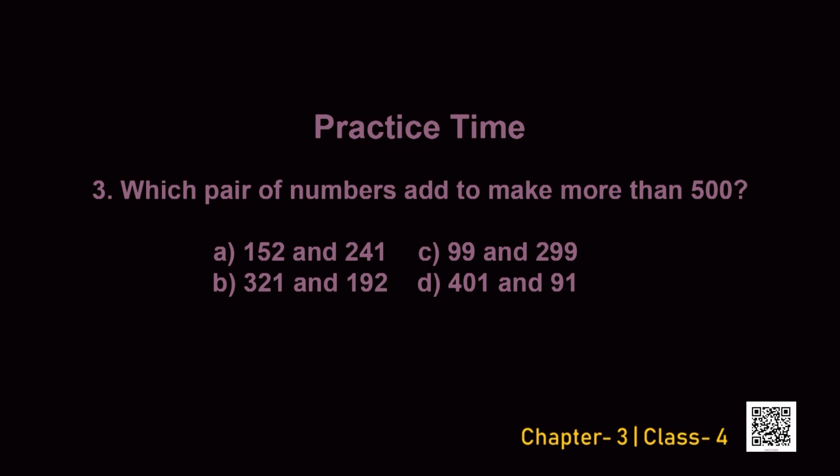To find the answer, we have to add the given two numbers. So, easily we will get the numbers which is more than 500 is the required answer. If you observe the sums, B 321 plus 192 gives 513. Therefore, it is more than 500, hence the answer is B 321 and 192.